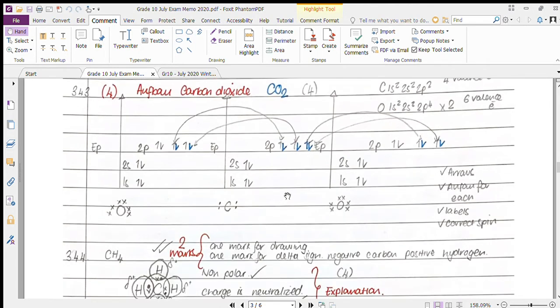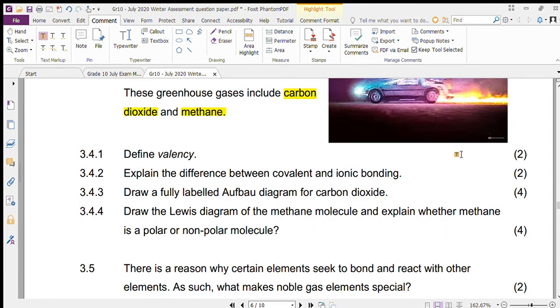I wanted an orbital diagram for each element or atom thereof, and I wanted labels, and the correct spin was the most important thing. You needed to show opposite spin. So I was a little bit disappointed here when a lot of people didn't get full marks, or at least 3 out of 4, for this one when it comes straight from the book, straight from the book.